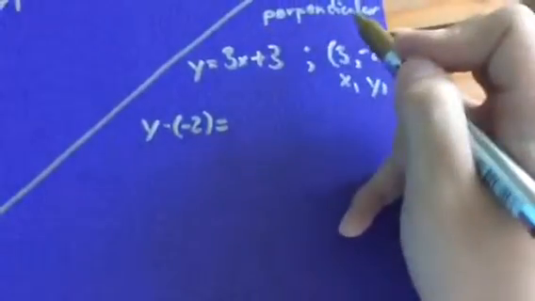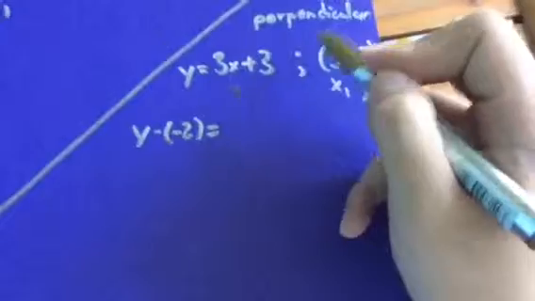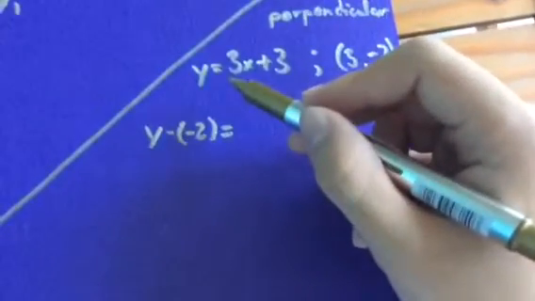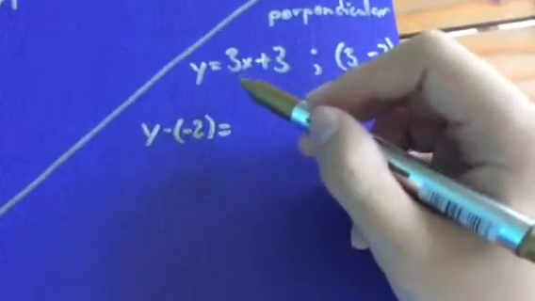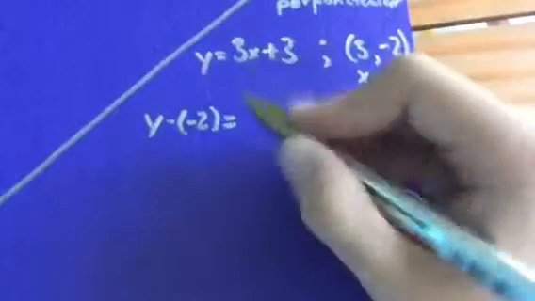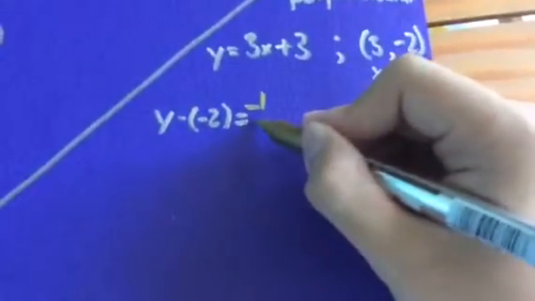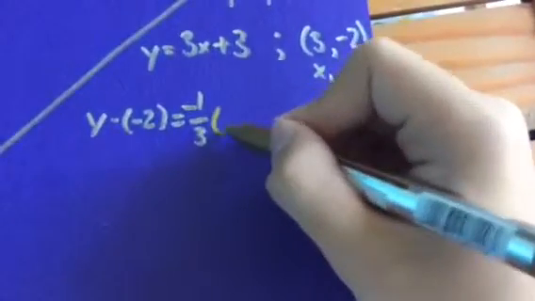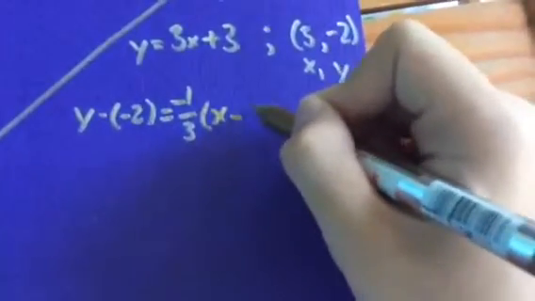Remember that in a perpendicular solution set, the slope would be the negative reciprocal of this. So what's the negative reciprocal of 3x? Since it's 3 over 1, supposedly, it would be negative 1 over 3.